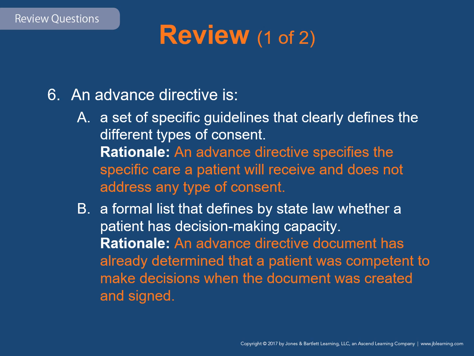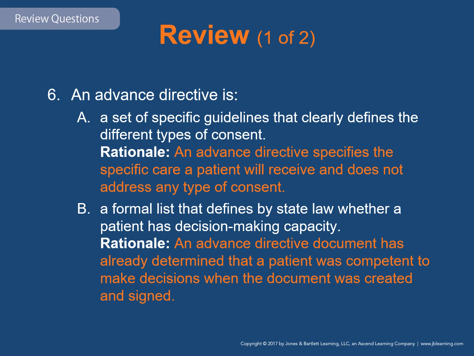So, an advance directive is, let's look at answer A, a set of specific guidelines that clearly defines different types of consent. That's incorrect, because an advance directive specifies the specific care a patient will receive and does not address any type of consent.